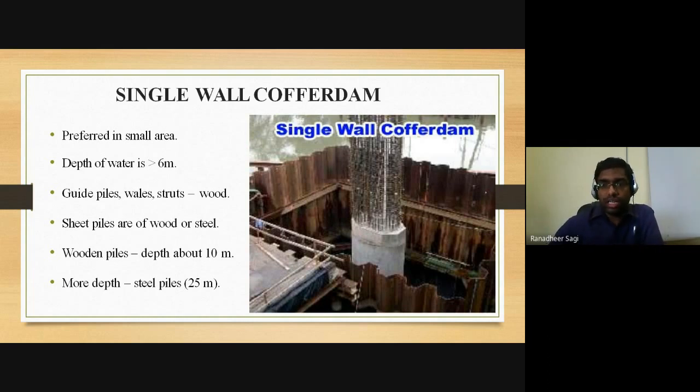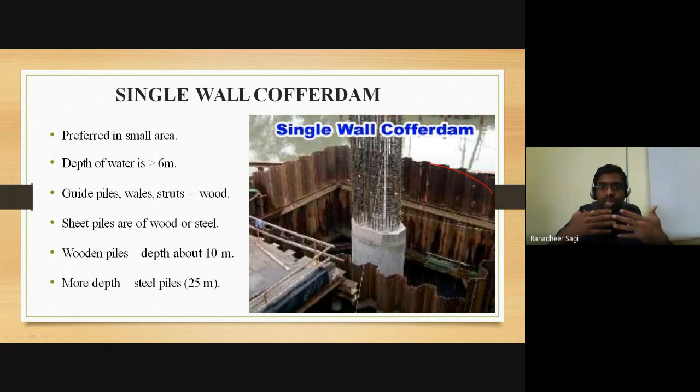Now, if you look here, you have some sheets which are driven into the ground, and those sheets, placed one adjacent to the other, form a wall. Those sheets are joined together by means of welding or riveted connections with the help of proper bracings.